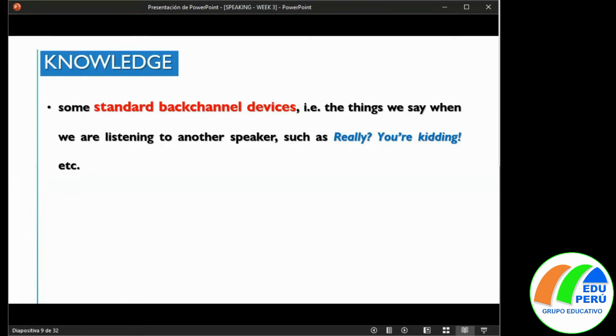And it means that you show interest, no? You are showing interest in what the other person is saying, all right? If you don't show interest, the other person says, no, he or she doesn't want to talk to me. Okay, bye-bye, see you. And the person goes out, no? So leaves you. So we need interaction, all right? We need to know how to respond.